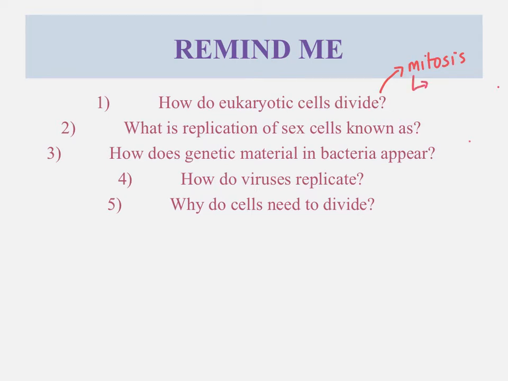That's the production of 2 genetically identical daughter cells. Okay, so the genetically identical daughter cells means that effectively, mutations aside, these cells should be clones of those eukaryotic cells that they came from, that parent cell.